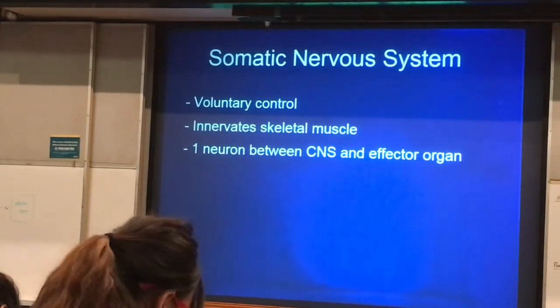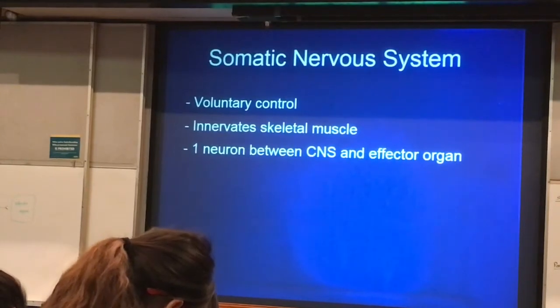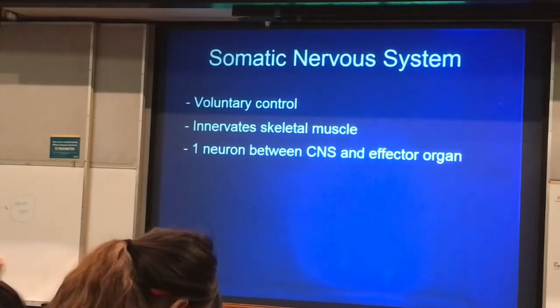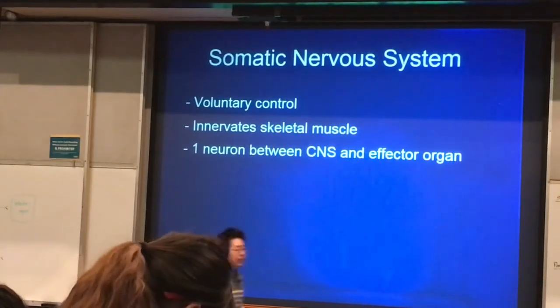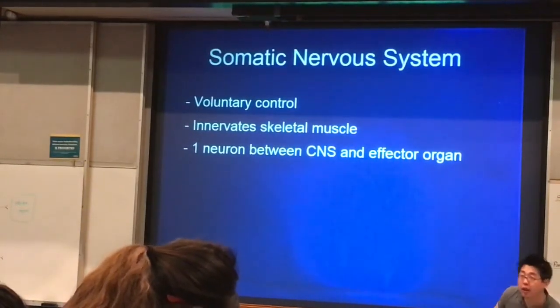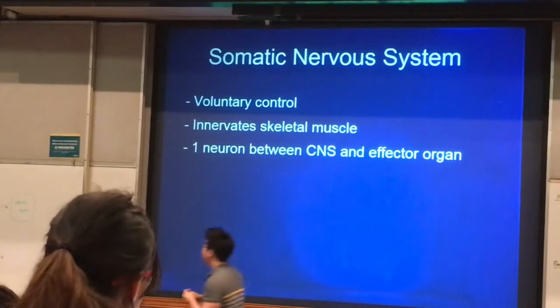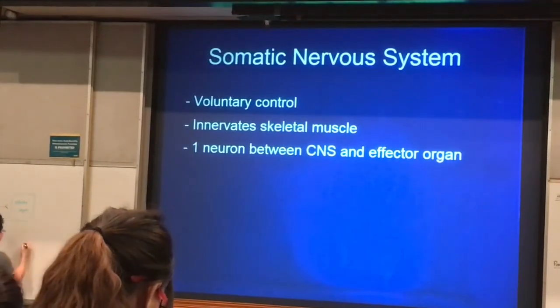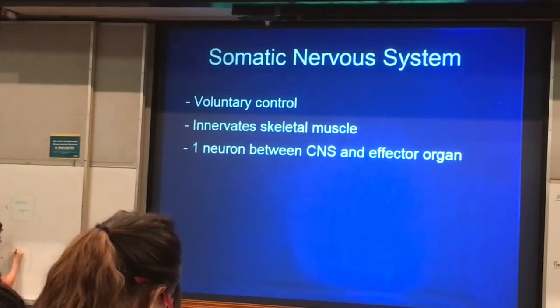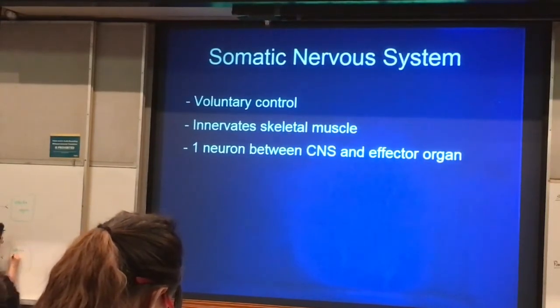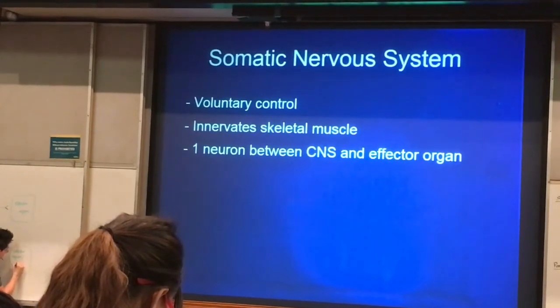So here's the CNS, here's my neuron, and it goes all the way to whatever your effector organ is. And in this case, it's generally going to be skeletal muscle, right? Effector organ, skeletal muscle.